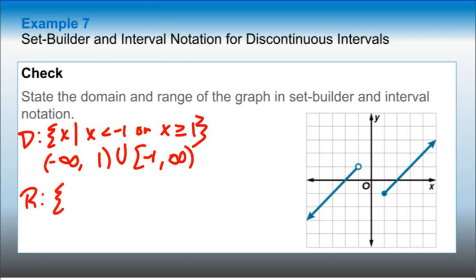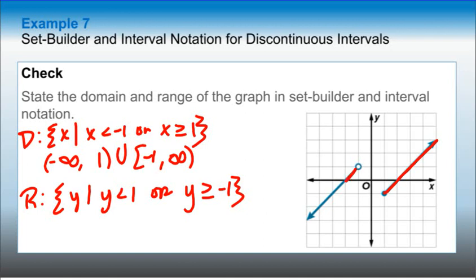And then the range in set builder notation, the range would be y such that y is less than 1, or y is greater than or equal to -1. Now, if you look at this one very closely, if it can be less than 1 but greater than or equal to -1, it actually includes all the numbers because it includes everything 1 and above.